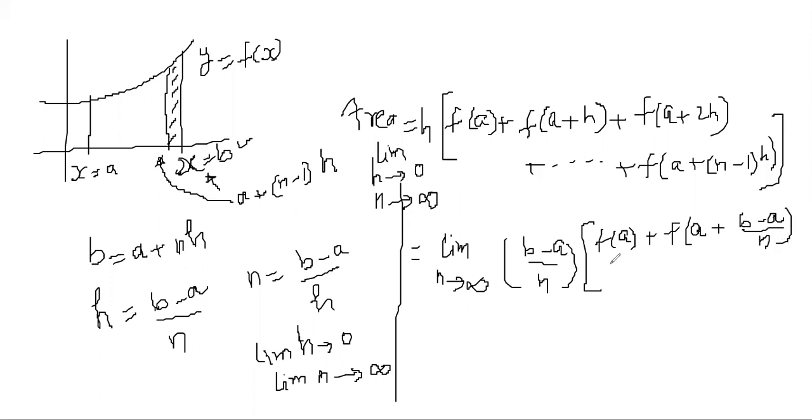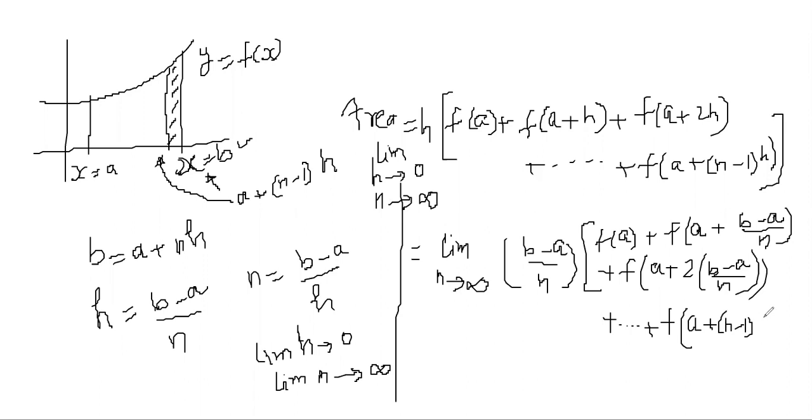So just take one variable n which is tending towards infinity, f of a plus 2(b minus a) upon n, and so on till the last term, f of a plus (n minus 1)(b minus a) upon n. So this is how you can write this in terms of n only, and you can write h as (b minus a) by n here.